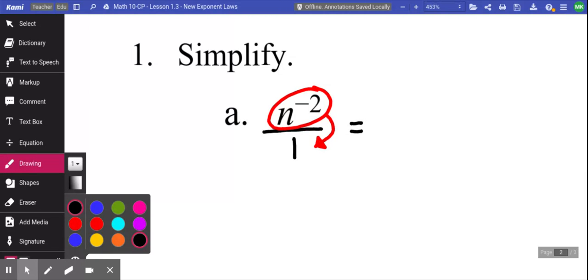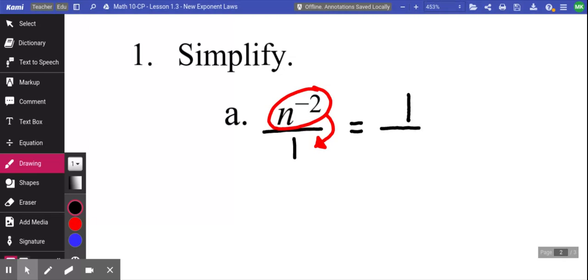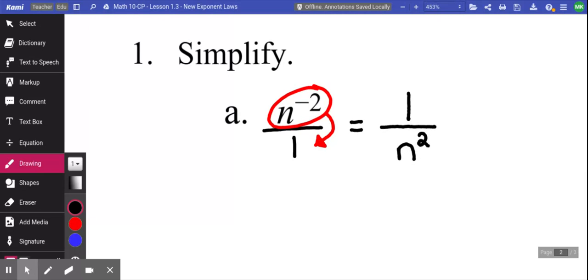On the top, there's now nothing left because I moved that n. So you put a placeholder value of 1. On the bottom, I've now moved those n's. So I have n to the power of positive 2. It is no longer negative because I moved where it was.